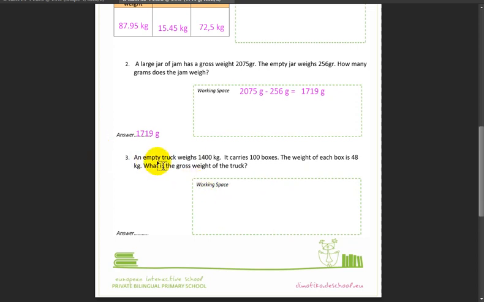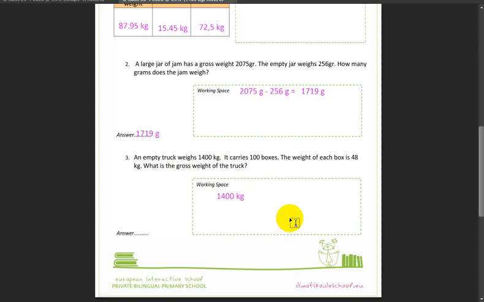So we have here a truck that is filled with boxes, right? So the outside in this case would be the truck, and the inside would be the boxes. So the weight of the empty truck would be the tare weight, right? That's 1,400 kilograms. That's the tare weight, the outside.